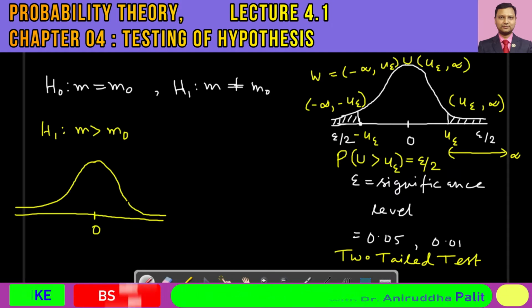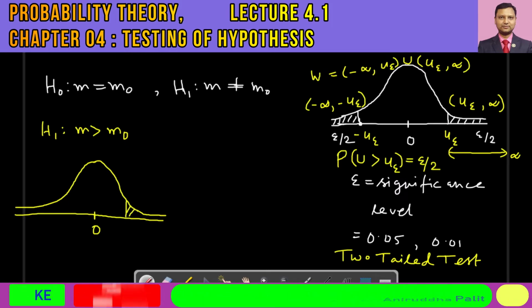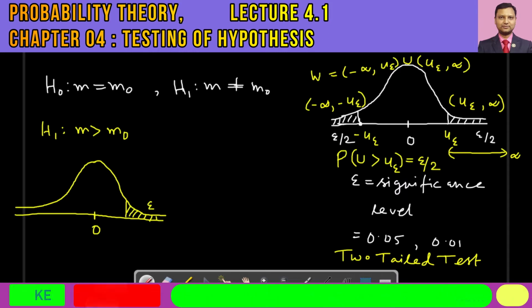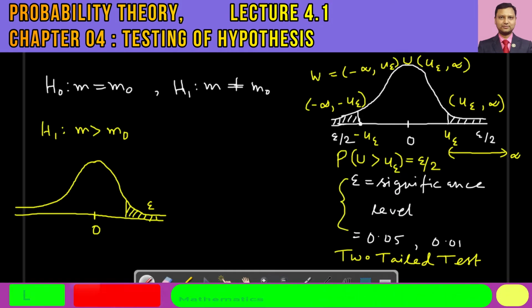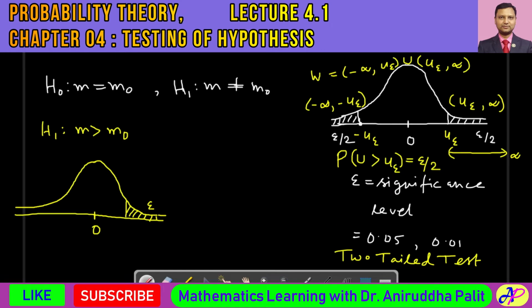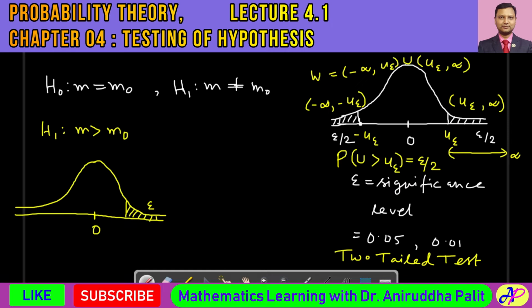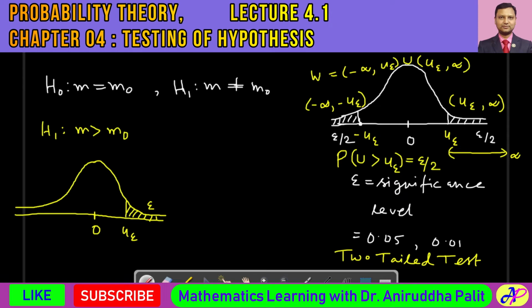It can be proved that the critical region will be only this right tail. That means the entire probability epsilon, this significance level, this maximum probability of type 1 error, would be situated on the right tail only, not in the left tail. And therefore this u epsilon should be determined from the probability that u is greater than u epsilon.